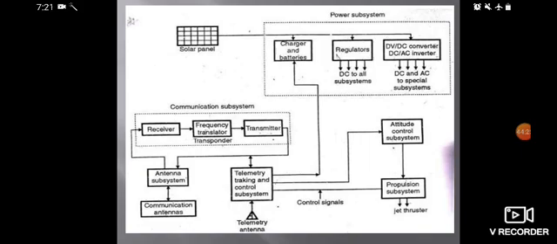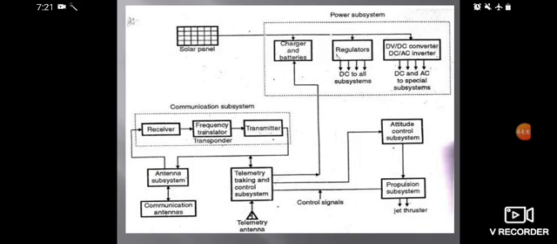And what is the use of the altitude control subsystem? It provides stabilization in orbit and senses changes in orientation. It can have jet thrusters to perform all these adjustments. This is the altitude control subsystem.